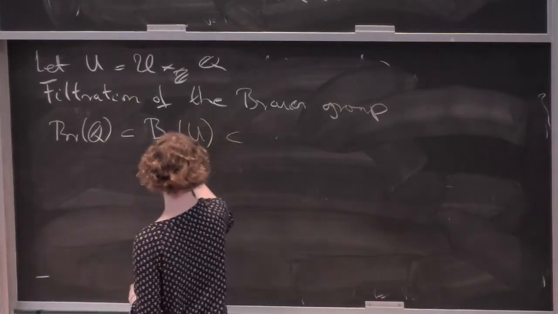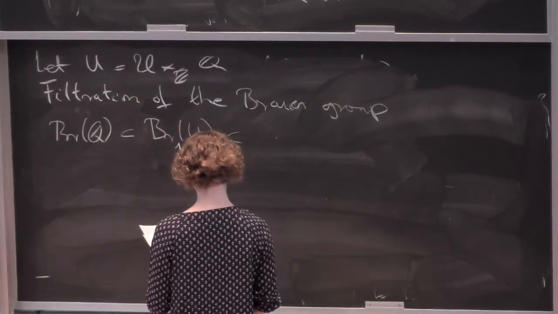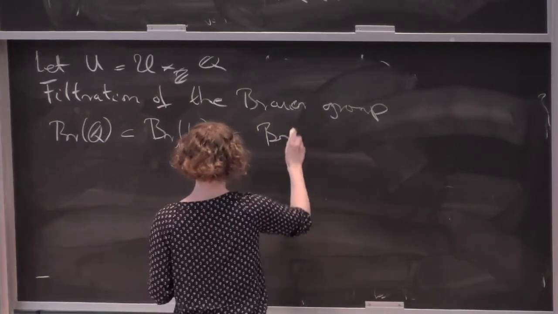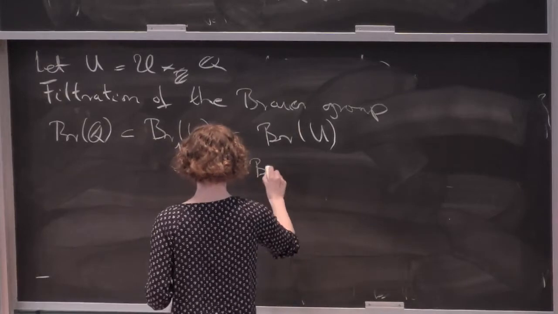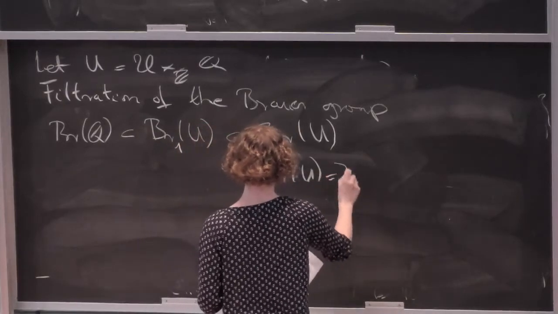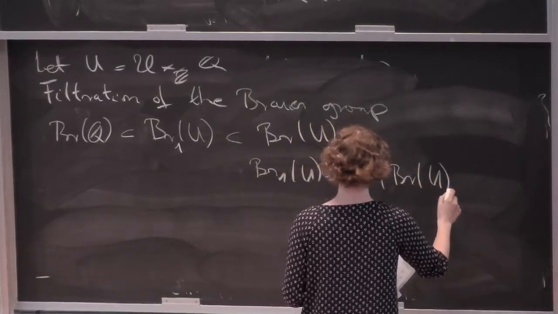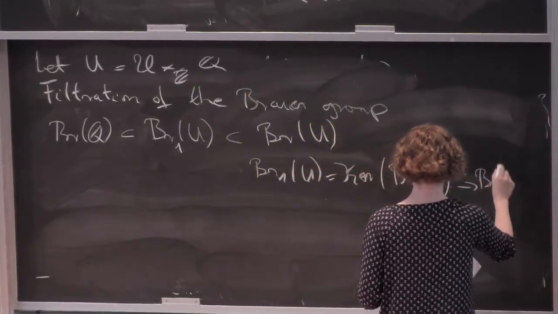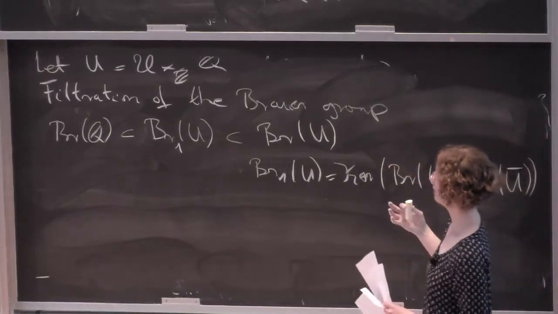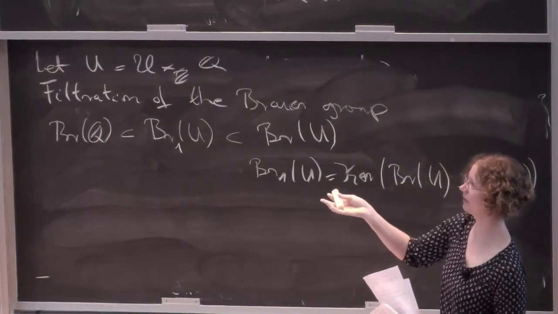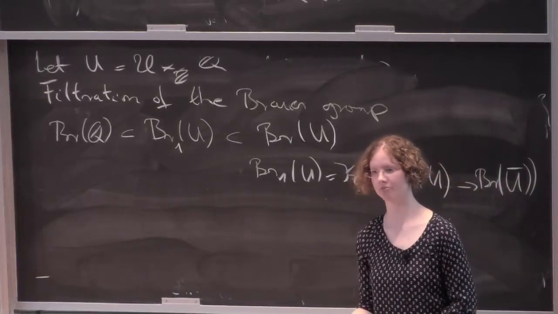Then there's another part of the Brauer group, which is denoted Brauer-1, the so-called algebraic part of the Brauer group, which sits inside the complete Brauer group. Formally, this Brauer-1 is the kernel of all the elements in the Brauer group which disappear if you base change U to some algebraic closure. In our examples, the quaternion algebra which we've seen before would be an example of an algebraic Brauer group element.